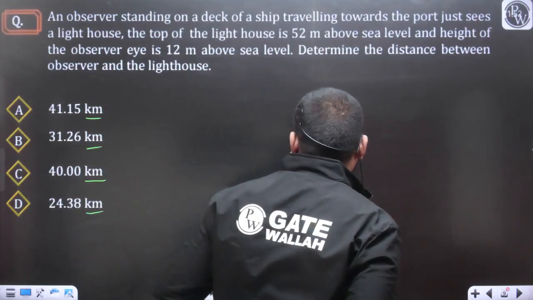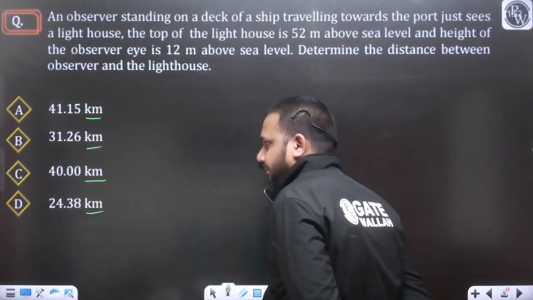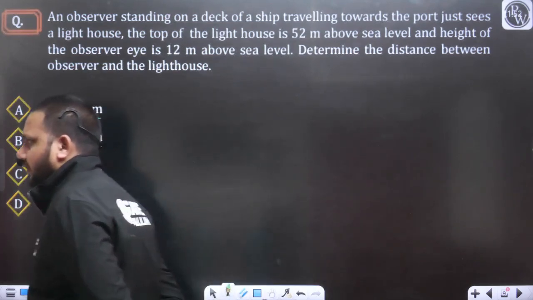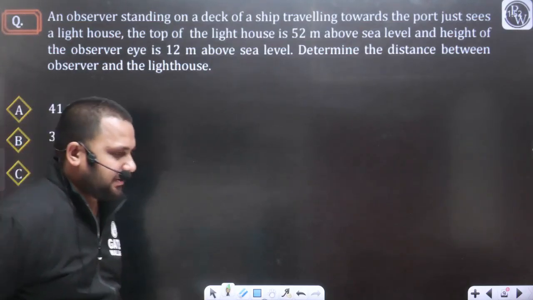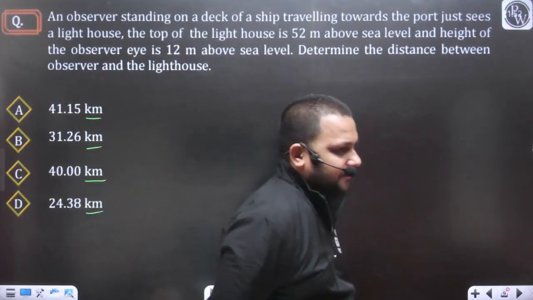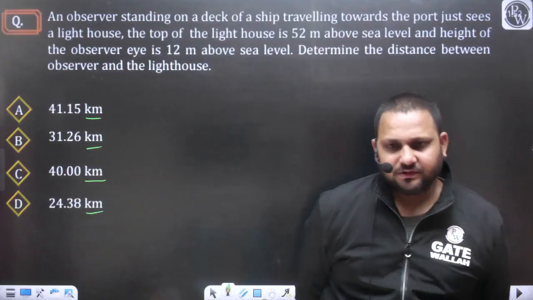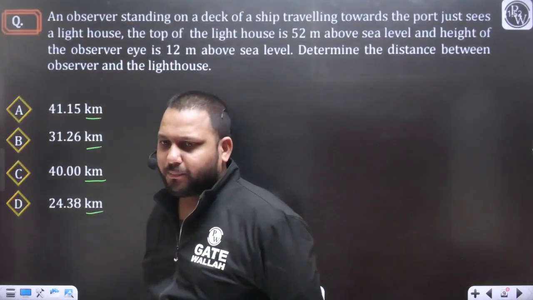So I hope you all have solved this question. You all can solve this question very easily. There is only one point where you can commit a silly mistake in this concept, that is the unit. So take proper care of the units.